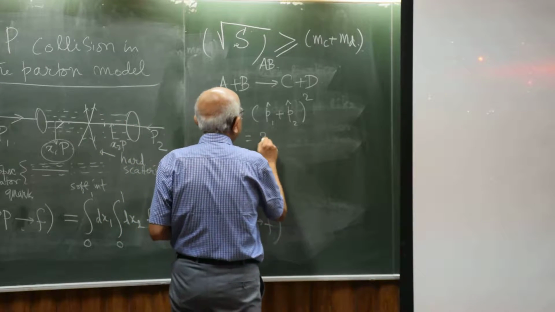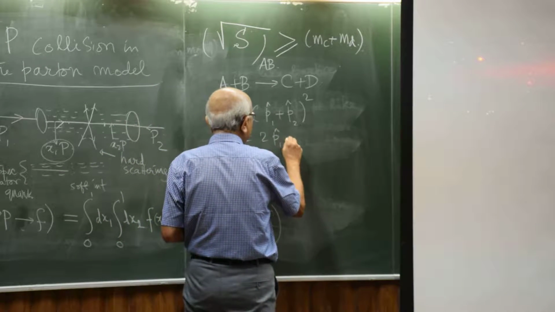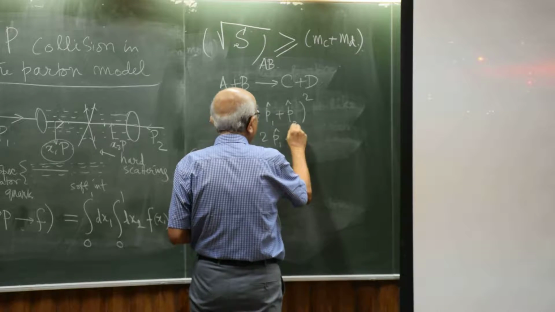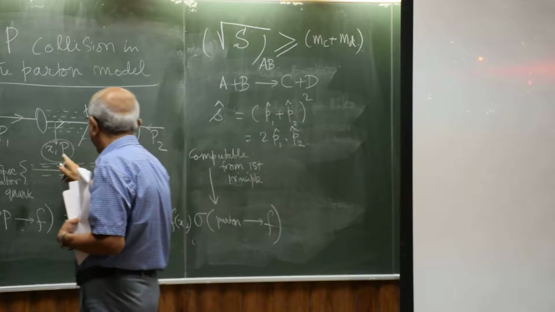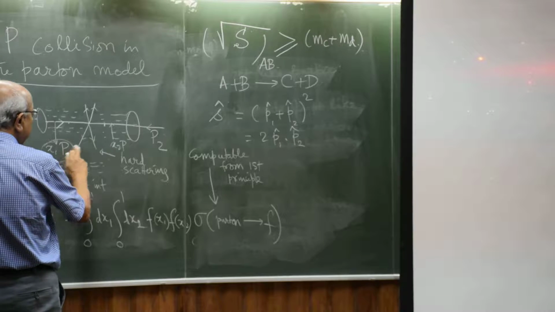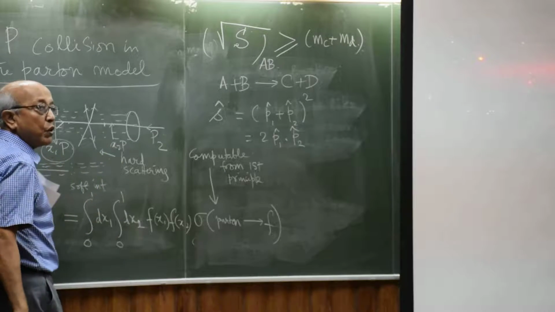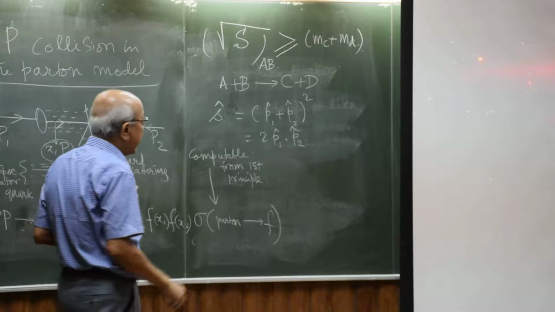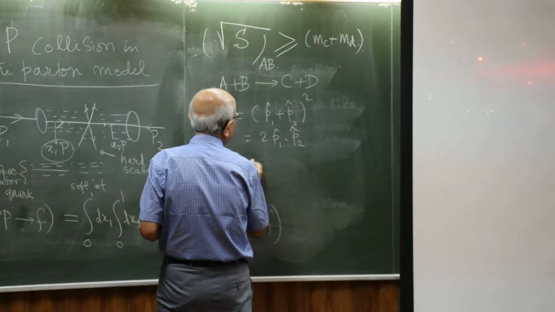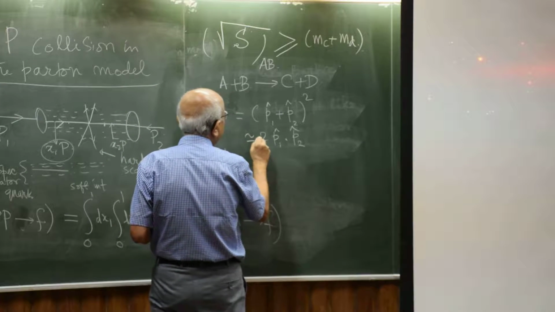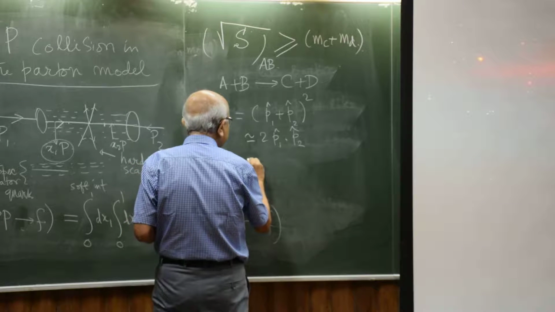Then this will simply be the dot product P1 dot P2, and since P1 is x1 capital P, and this is x2 capital P, therefore, maybe you can write nearly equal to because you have neglected the squares.